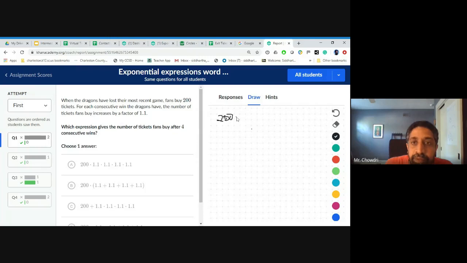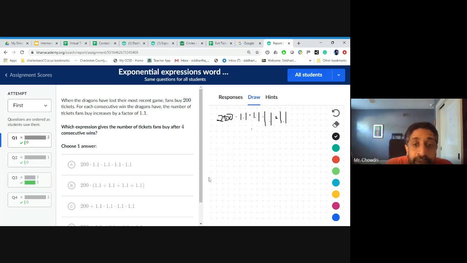So in this case, it would in fact be 200 times 1.1 gets you to, after 1 win, they do this. And then we take that whole thing and multiply it by 1.1 again. And then we multiply it by 1.1 again. And then by 1.1 again. It's hard to see here, but this would be your answer down here: 200 times 1.1 times 1.1 times 1.1.